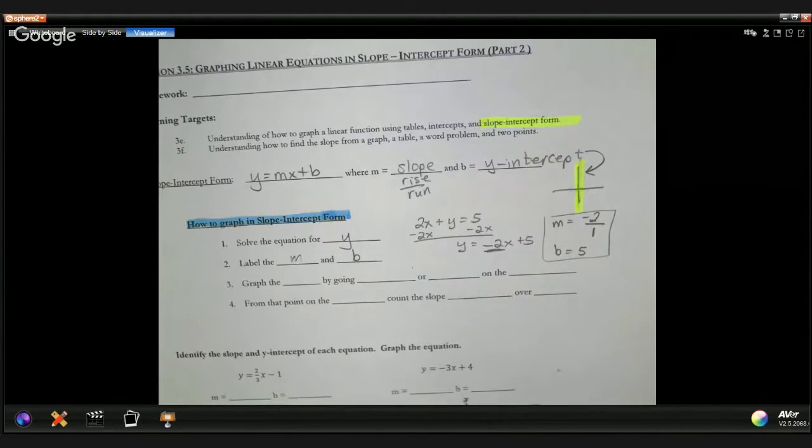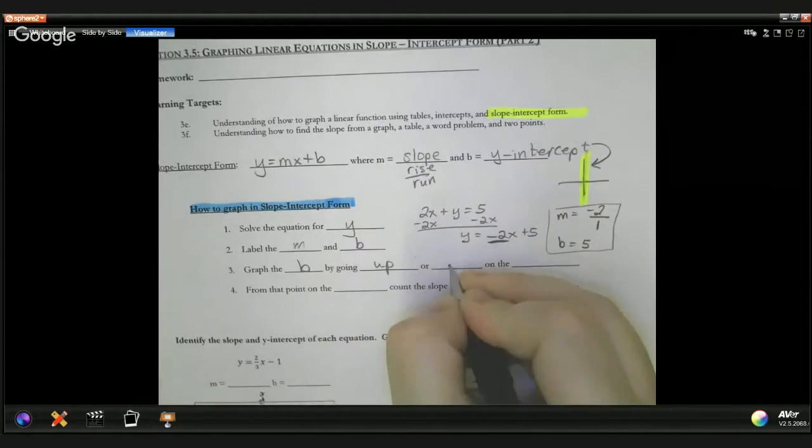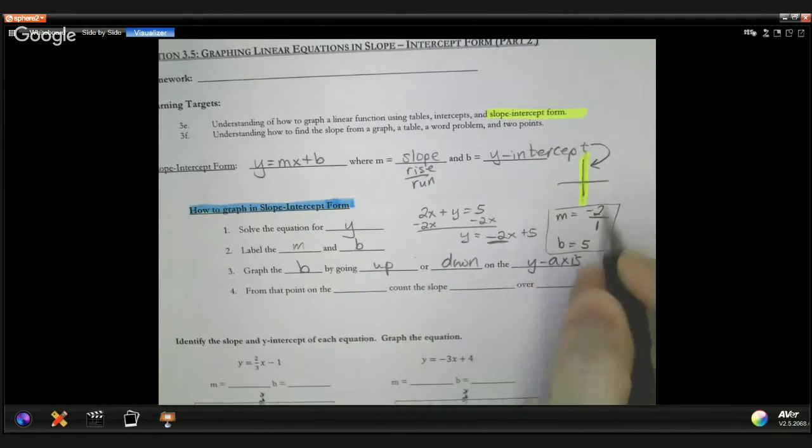Now the next thing, you graph the b. You start off at b, and think about that maybe as b is for beginning, and you either go up or down on the y-axis, because remember, the y-axis is where we start. So I'm going to draw this.